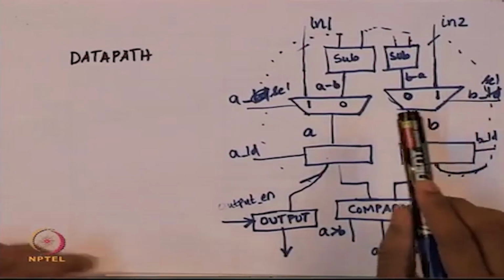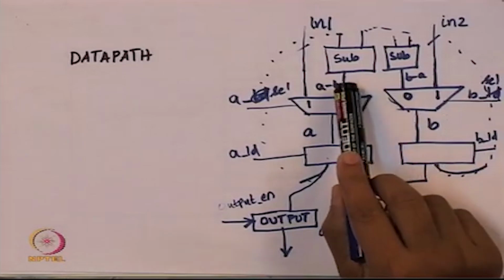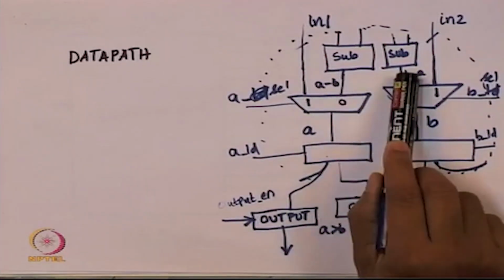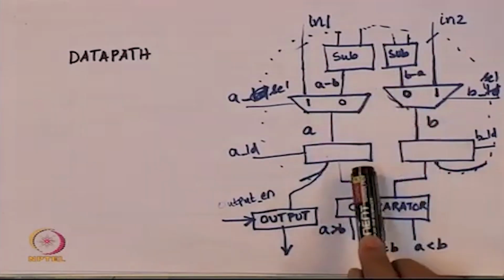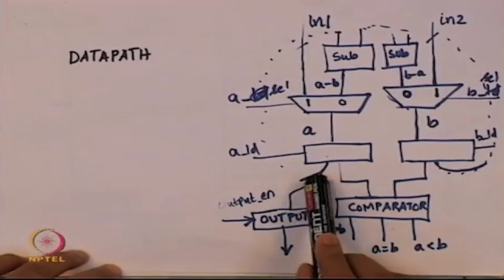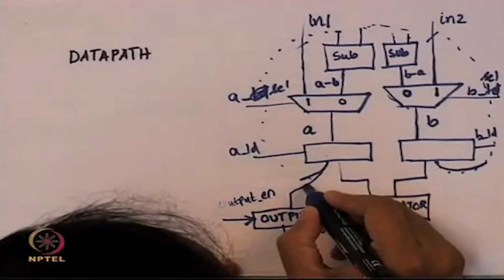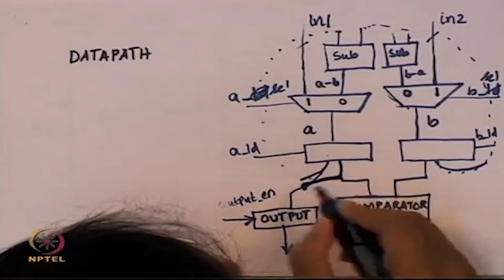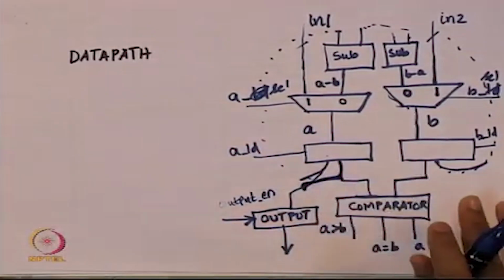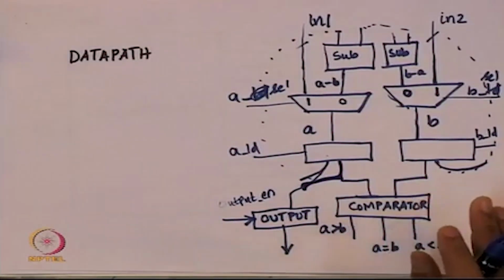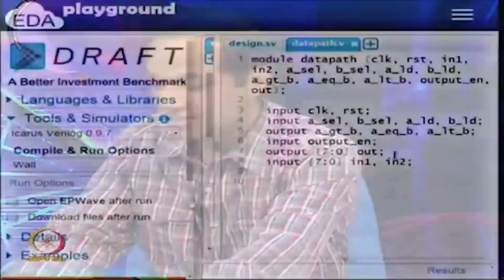So, we need 6 names. This and this are actually the same wire bundle, even though they are drawn as different things. So, I need 6 wire bundles, and I am going to put wire names now.